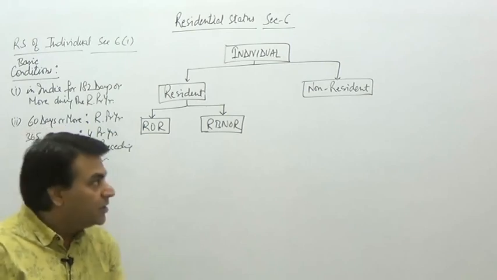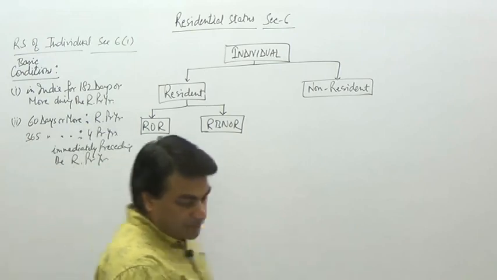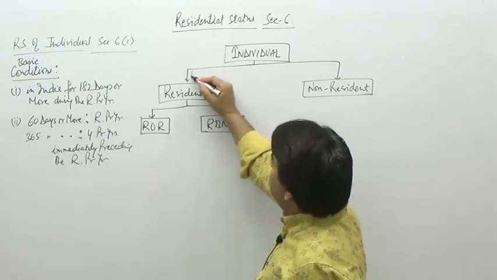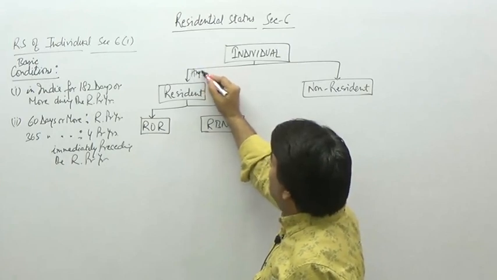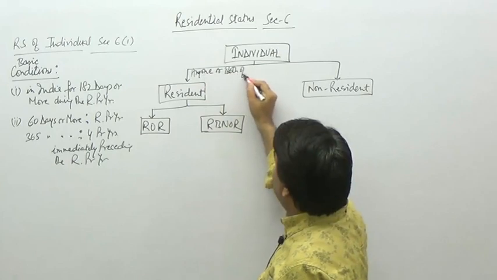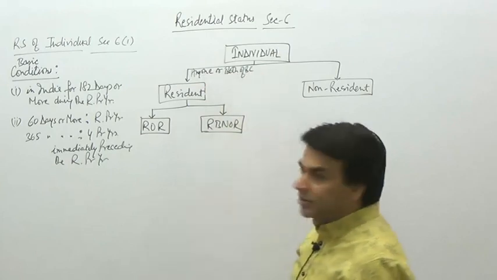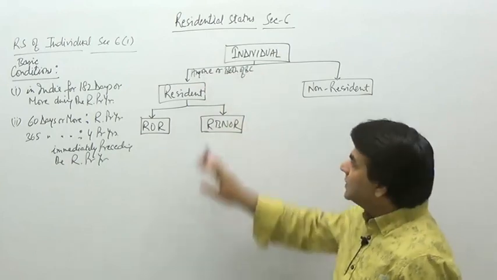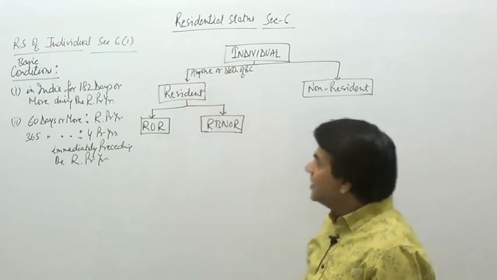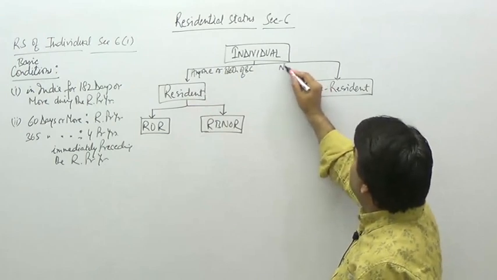Let me write this here. For a resident, any one or both of the basic conditions. If he fulfills any one or both of the basic conditions, he would become the resident. Here, none of the basic conditions.